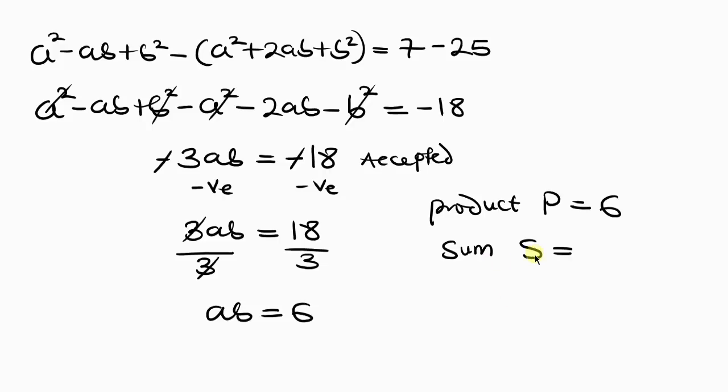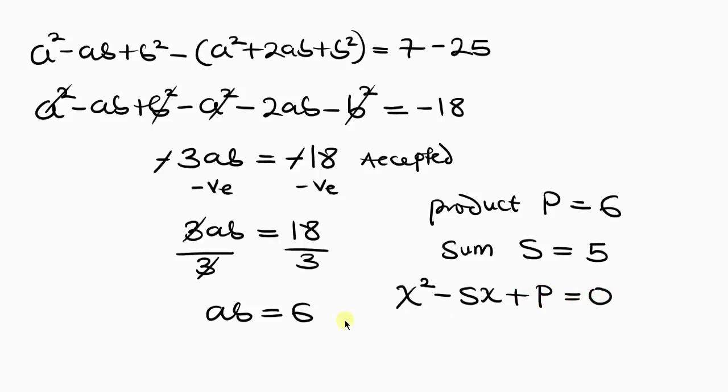So we have the sum of a and b to be 5. Now, we're going to use this to draft out a quadratic equation. The formula we use is x squared minus the sum of roots, x, plus the product of roots, P, which is equal to 0.